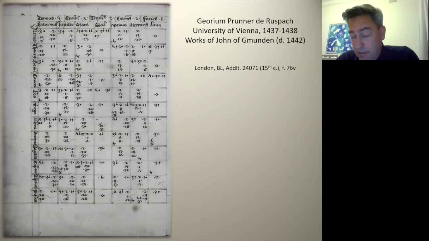The manuscript is almost entirely devoted to the works of John of Gmunden, the distinguished astrologer and astronomer, also professor at the University of Vienna, who was still alive when this manuscript was copied. And it is possible that John of Gmunden was also the author of this table.